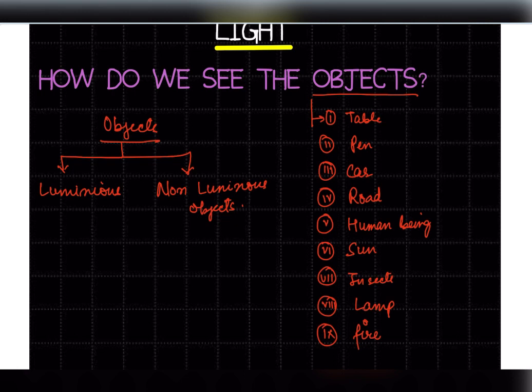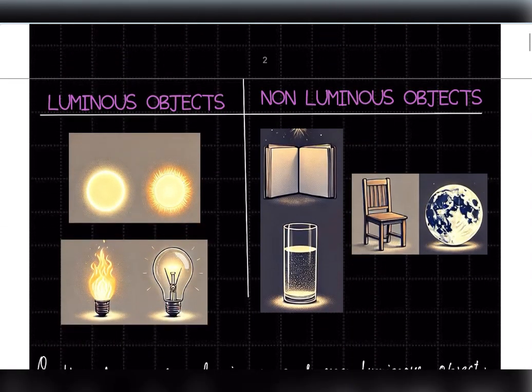What are luminous objects? Objects that have light of their own. Those objects that have light of their own are called luminous objects.